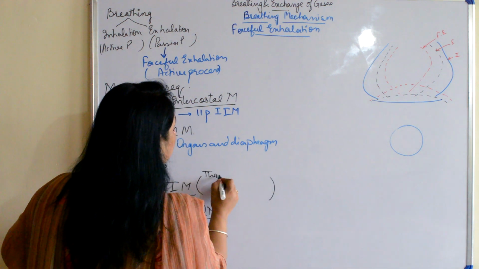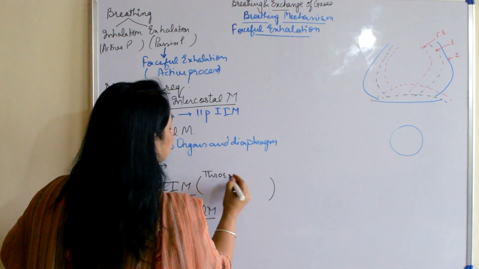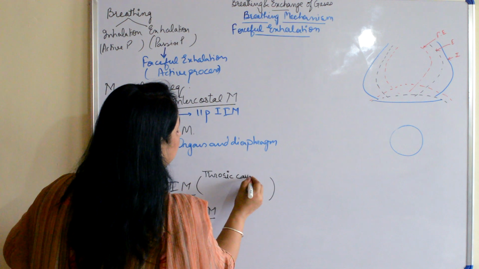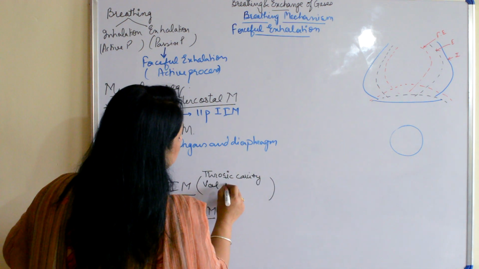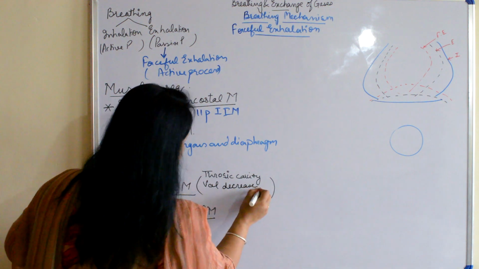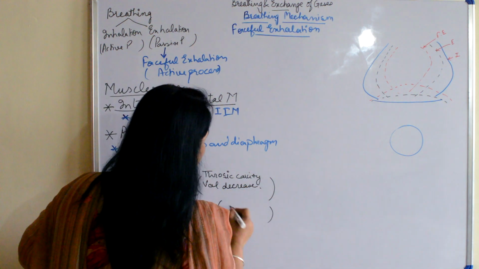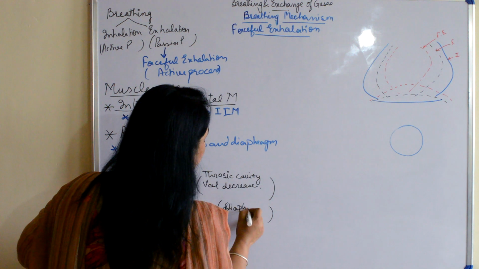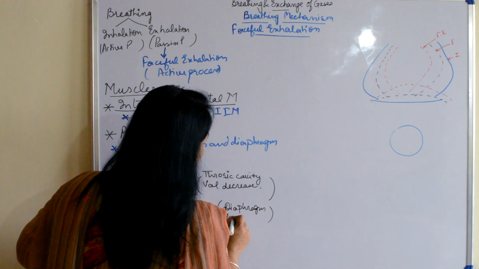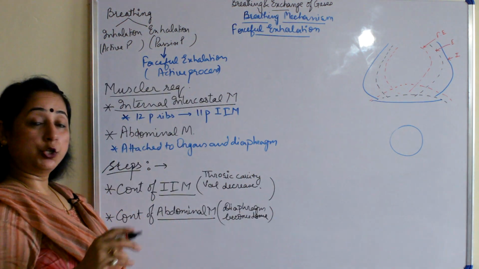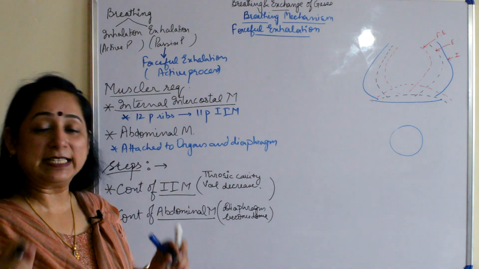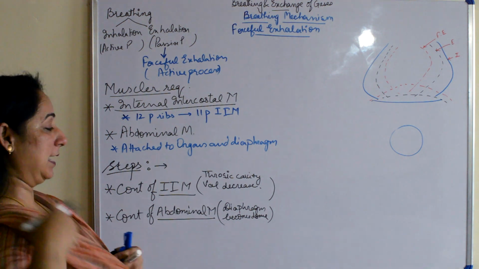What happens? The thoracic cavity's volume decreases. And when abdominal muscles contract, the diaphragm becomes dome shaped.